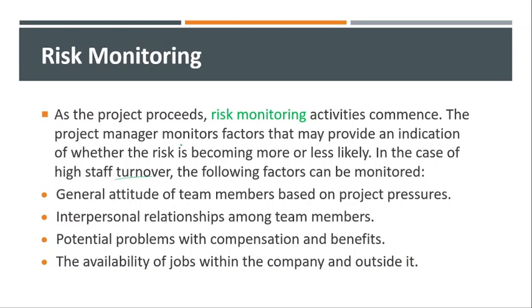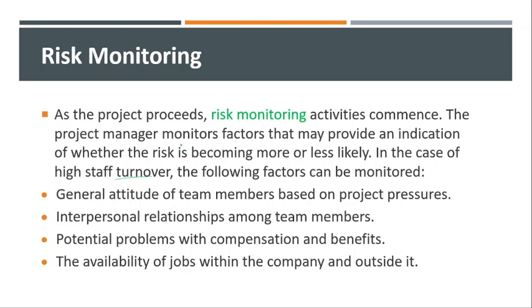Then the interpersonal relationships among the team members, because we know that a team means more than one member working. Is there any problem, any misunderstanding, any gap, or are they not cooperating among themselves? These are some things that have to be monitored, because we already identified that staff may turn over, that staff are leaving the job.